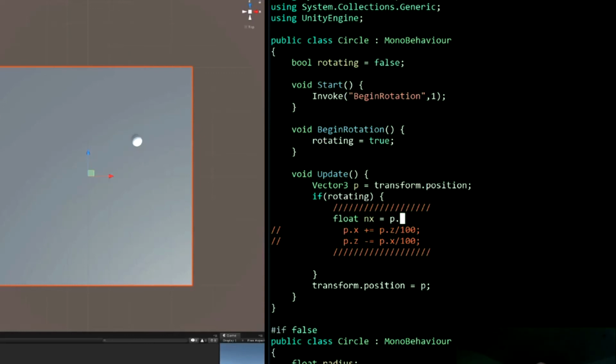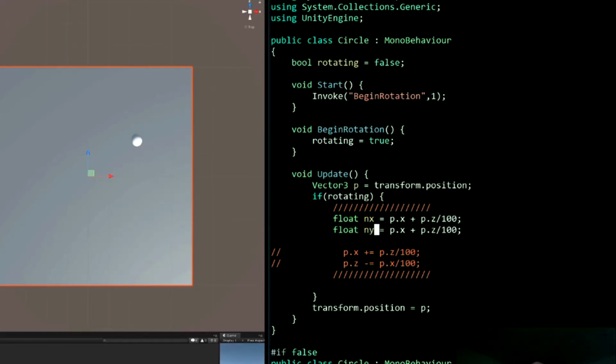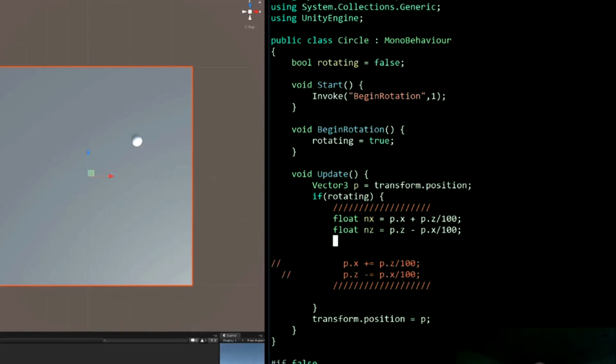So to fix the bug, I would go float here, let's say nx equals p dot x plus pz divided by 100. And then my new z equals p dot z minus px divided by 100.